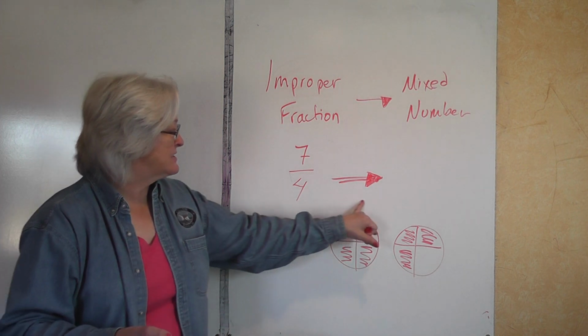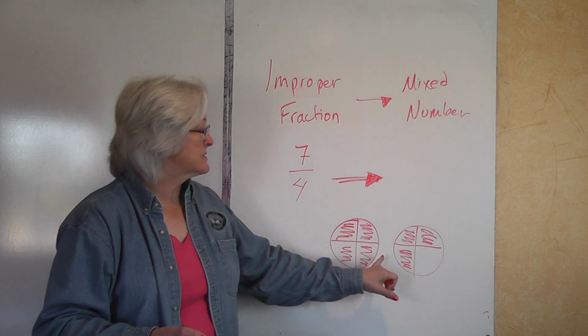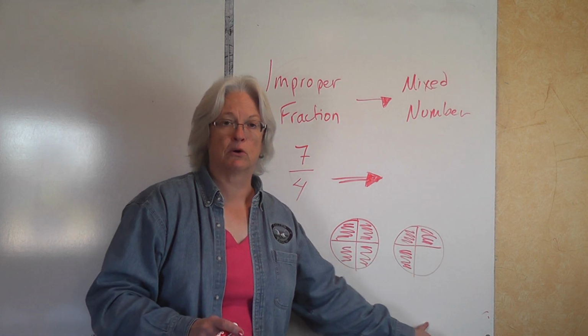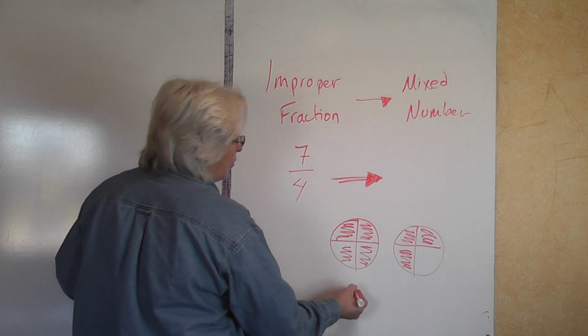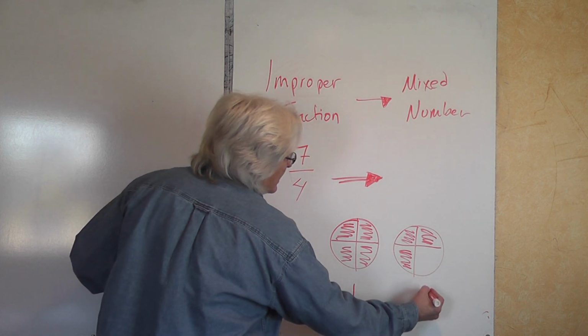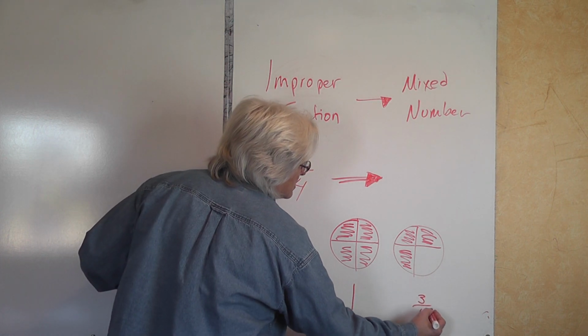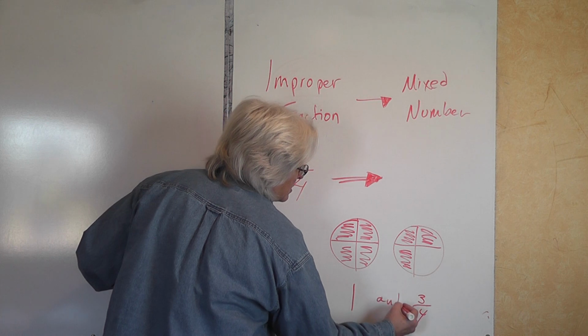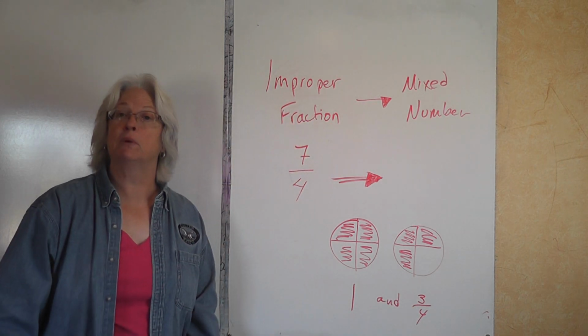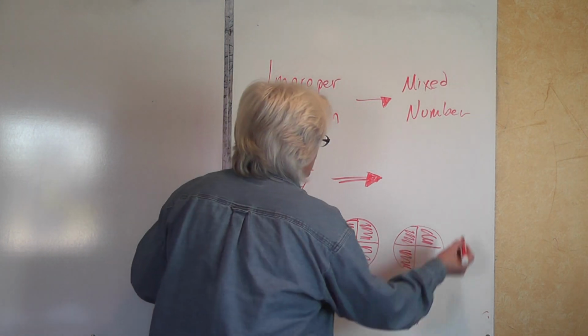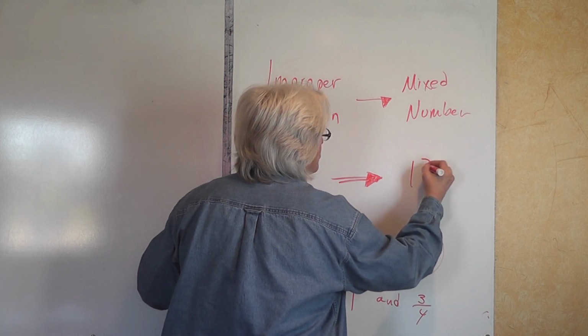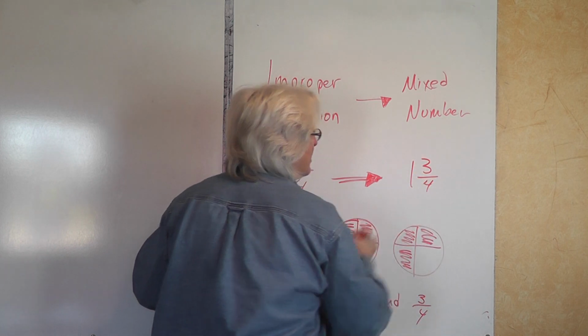We could say we have 7/4 of a pizza, or we could say we have 1 whole pizza and 3/4 of a second pizza, which would mean that this could be written as 1 and 3/4.